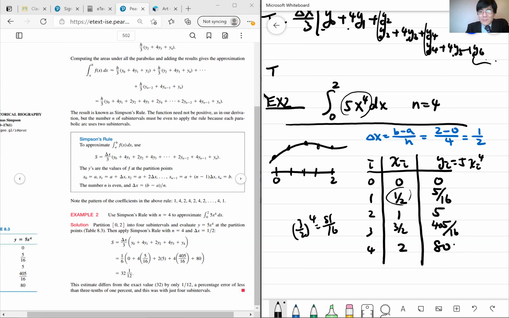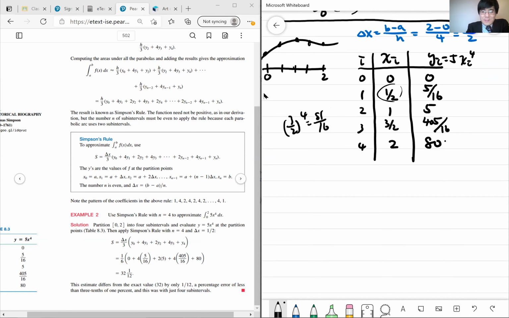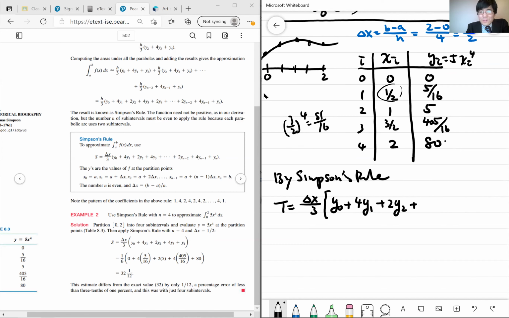So now we have a sufficient amount of information. Now let's use Simpson's rule. So by Simpson, the area under the curve is approximated by delta x over 3 times the first y value plus 4 times the second y value plus 2 times the third y value plus 4 times the next, and the last one is going to be just one of them. Okay.